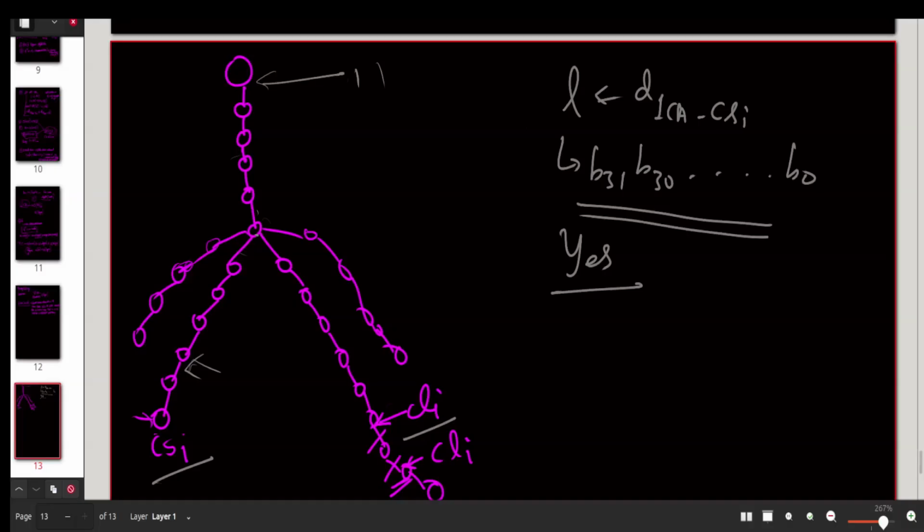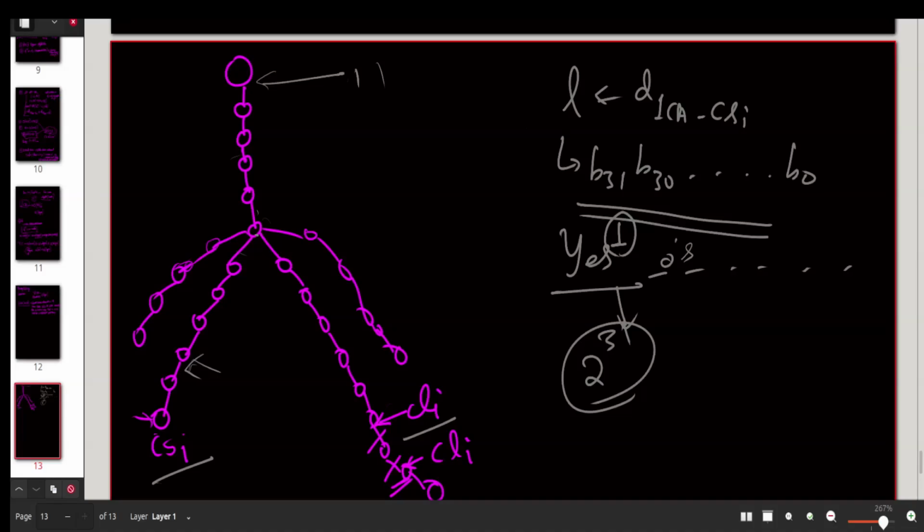Let's assume that the 31st bit is 1. Okay. If you assume that the 31st bit is 1, then obviously the relative distance would be at least 2 power 31, because the rest of the entries can be zeros or ones, but at least the value at this position is 2 power 31. So the distance can be 2 power 31.